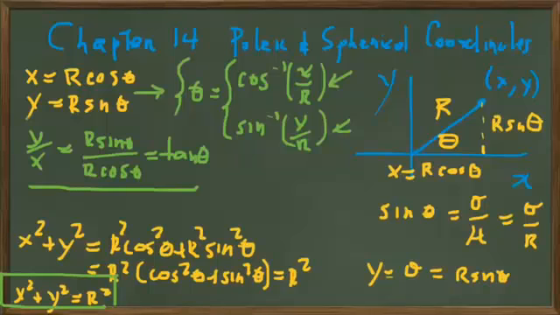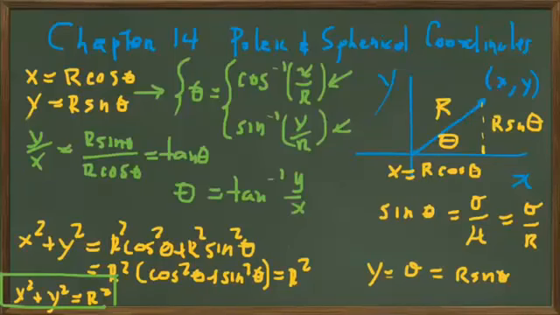The r's cancel, and we get y over x equals tan theta, which gives rise to this other relationship for theta, a third way to get theta. So this way gets us theta just knowing y and x, whereas in these two relationships here we need to know either x and r or y and r.